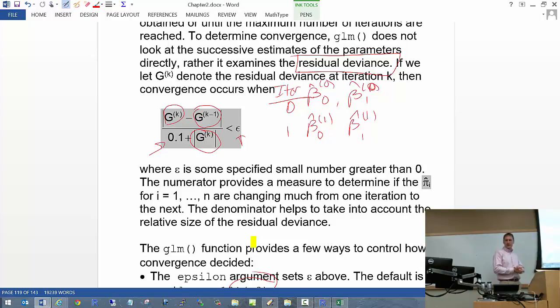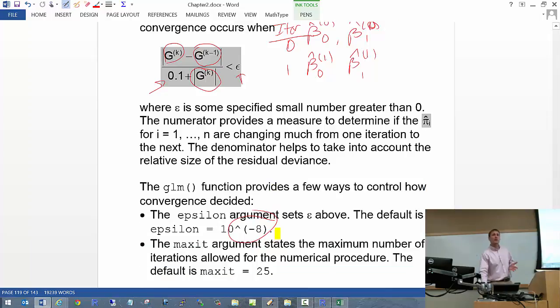Congratulations. If you have not gotten below that threshold, you keep going until you reach some maximum number of iterations that you set, or the default, which is 25 in R. That's how R determines convergence.